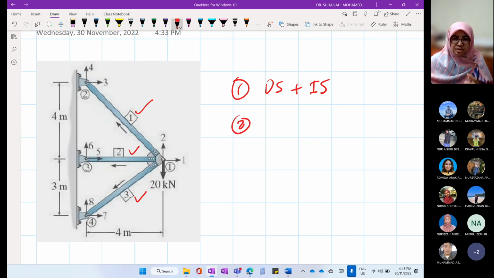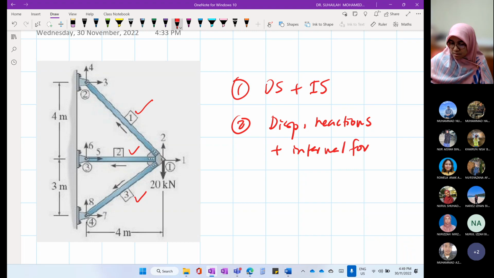Number two, using stiffness method, we can analyze all displacement, reaction, and internal forces using only one method called stiffness method. So we can get displacement, reaction, and internal forces directly using stiffness method. That is advantage number two.